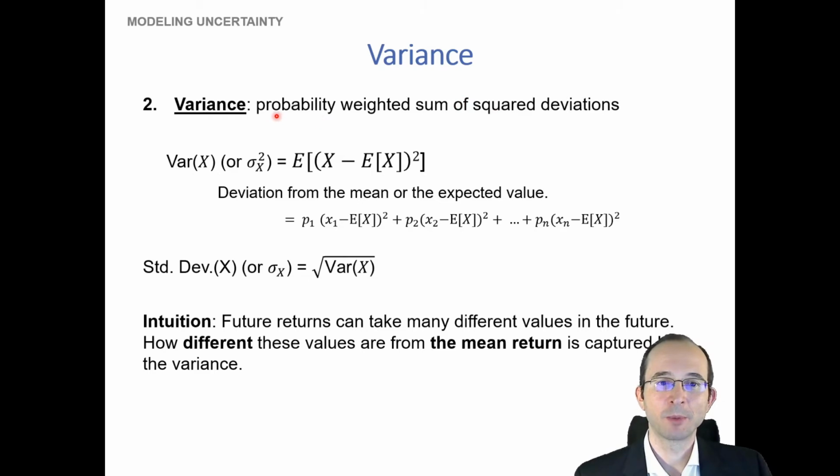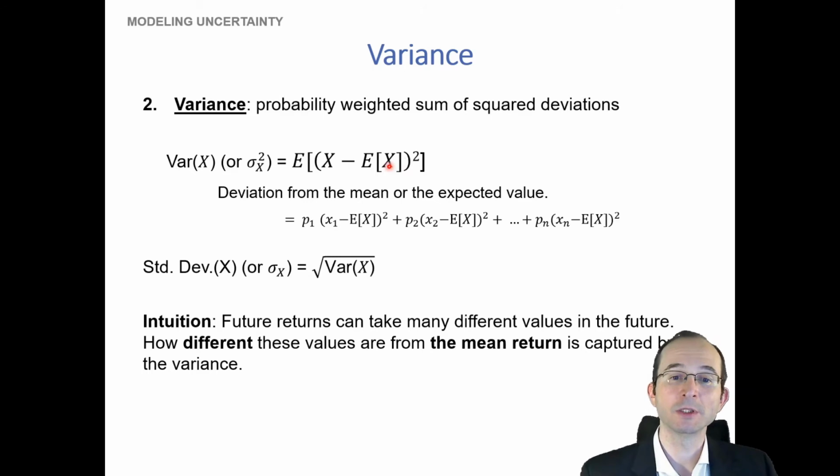So the variance is the probability weighted sum of square deviations from the mean. Remember, we already calculated this quantity, E of x. That's the probability weighted sum of realizations, the expected value. If we now, for each observation, subtract the mean, square it, and then get the expected value of that, in other words, another probability weighted sum, that'll tell us how variable our individual observations are.